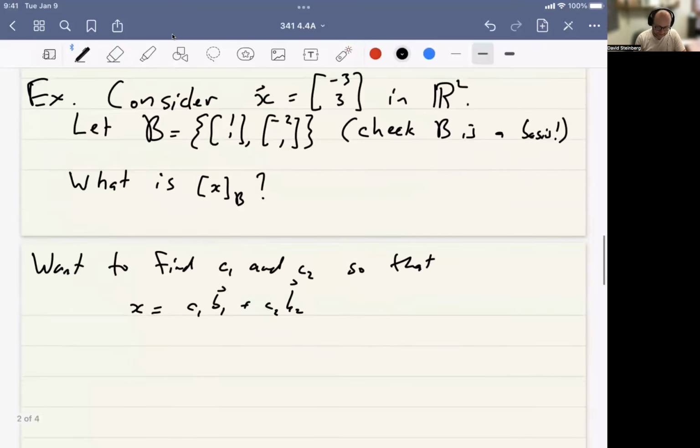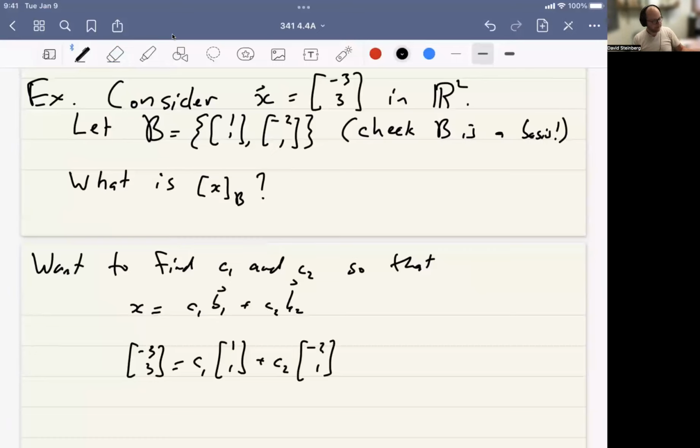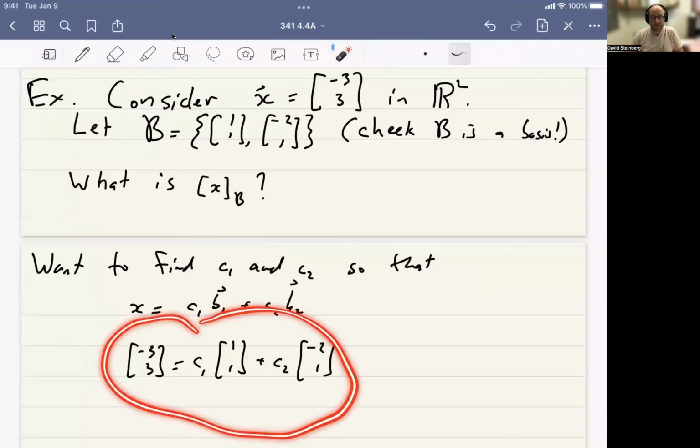So we know what x is. x is (-3, 3). We don't know what c1 is. We know that b1 is (1, 1). We don't know what c2 is, but we know that b2 is (-2, 1). Okay, and once again, this is a situation where we've introduced some new notations, some new ideas, but everything, again, boils down to solving a linear system.